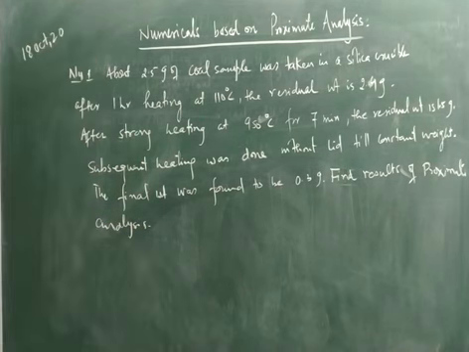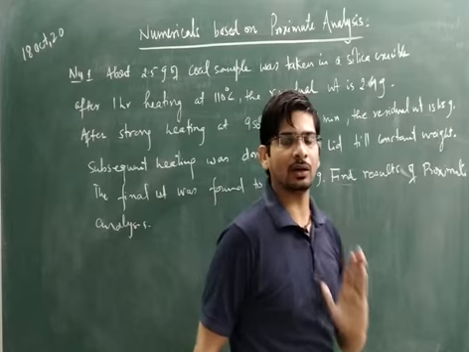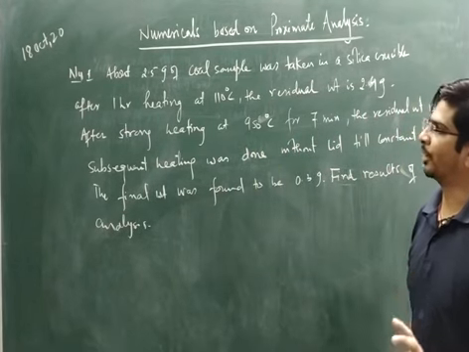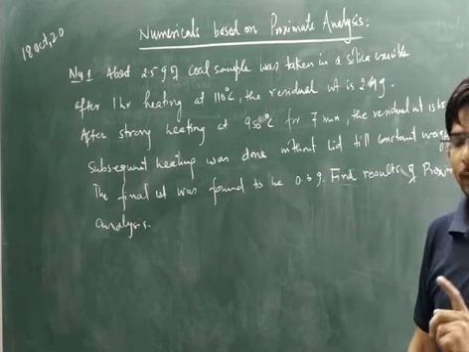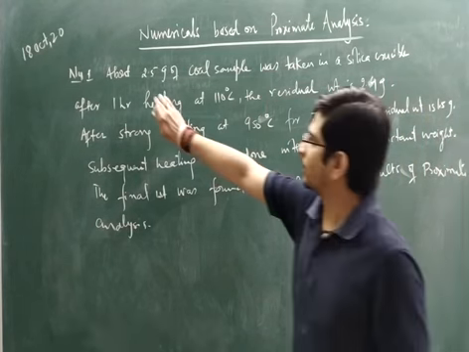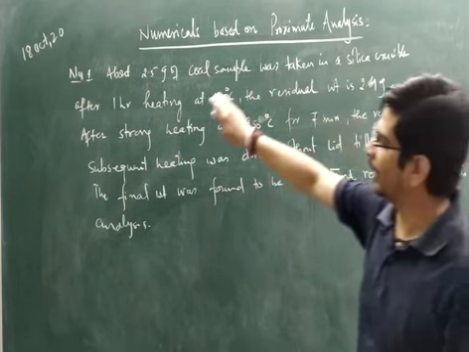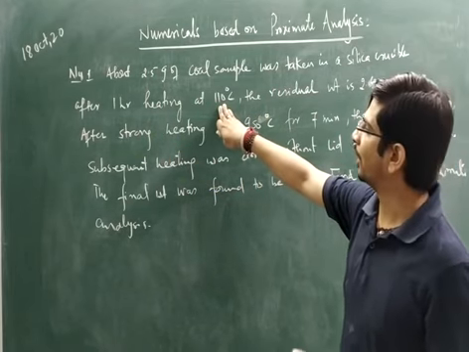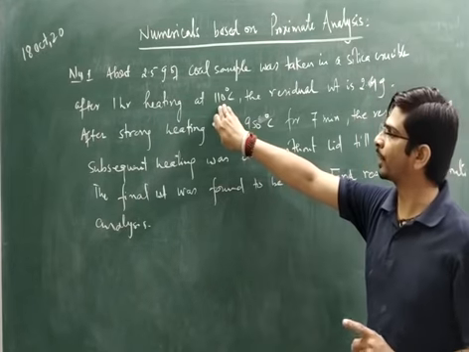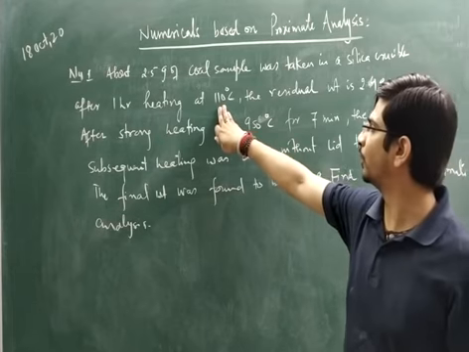Now, the statement is the whole procedure of proximate analysis, the same procedure you have seen earlier. This is the amount of coal which was taken in the silica crucible and heated at 110 degrees Celsius. That means in the first case, we are determining the moisture content, removing the moisture.